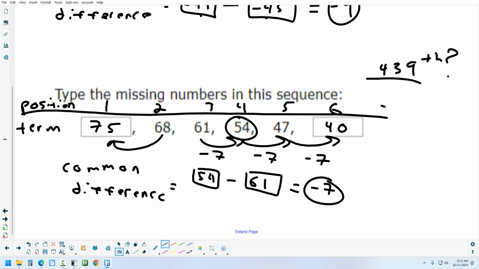So what we want to do is come up with a formula that all we would have to do is plug in the number 439 as the position, and it would automatically give me that number, the term. Right? So that's what we're going to look at now. How can we find a formula that would give us any term that we want to know, even if the term is really, really far away from the ones that we already know?